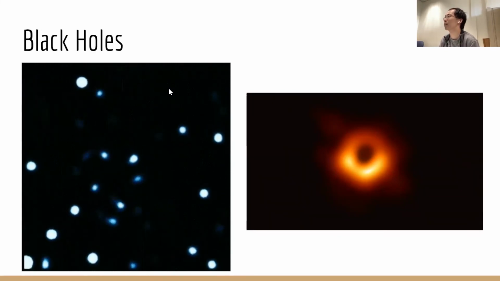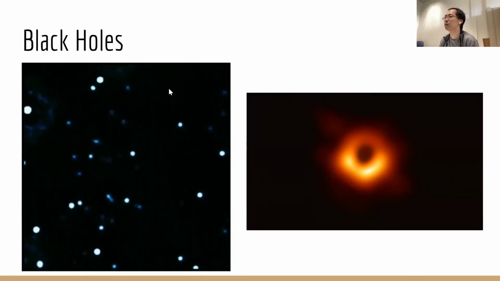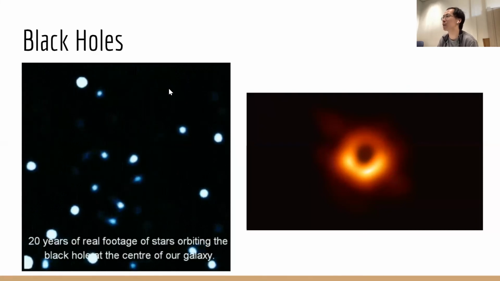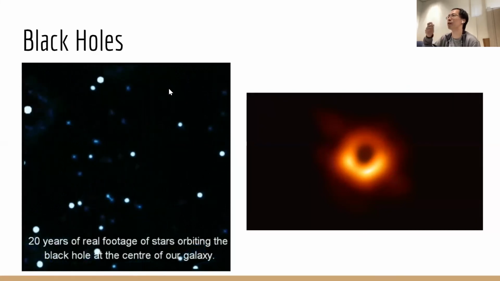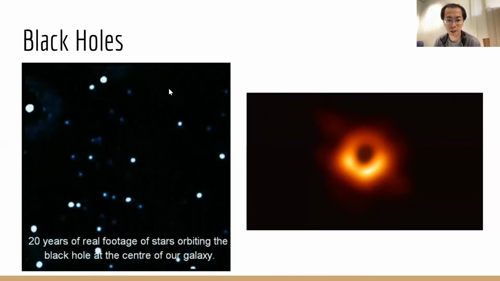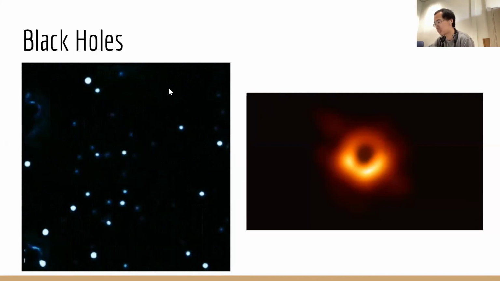He speculated that maybe they might be a mathematical quirk of the theory that would never happen in practice, or maybe it was just something very mathematically strange that wasn't physical. But it turns out that black holes do exist.